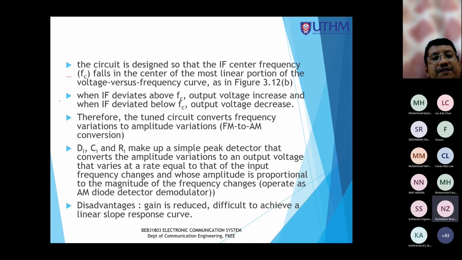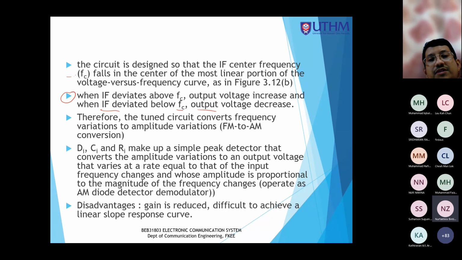So when the IF deviates above the FC, the center of the IF, the voltage will increase, and when the IF deviates below the center of the IF, the voltage will be decreased.